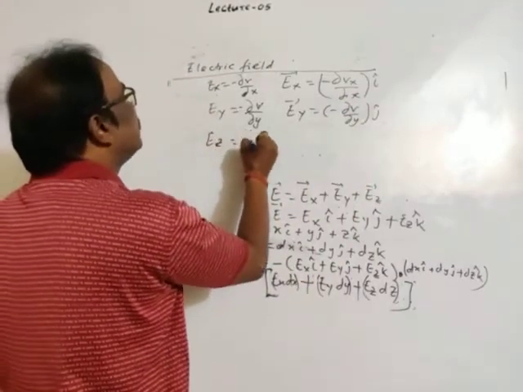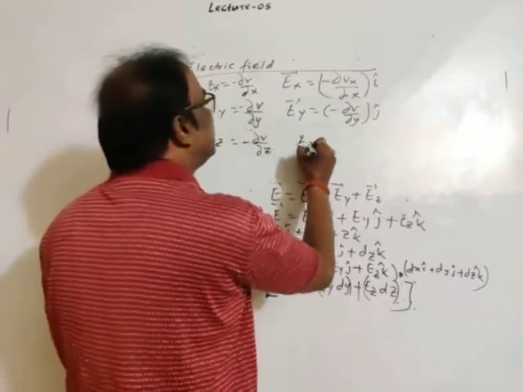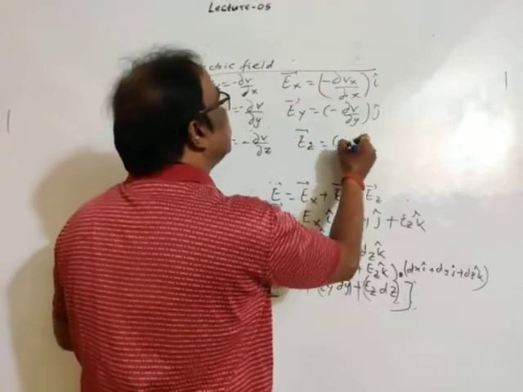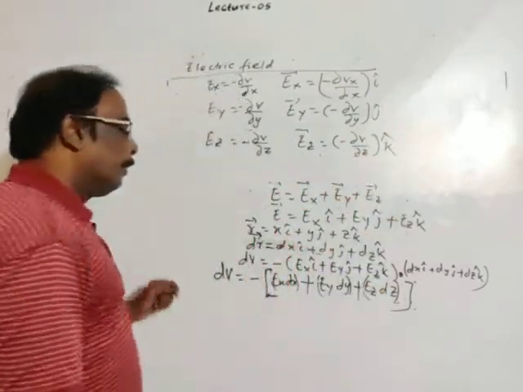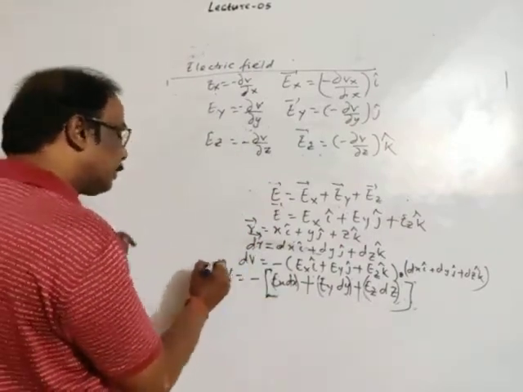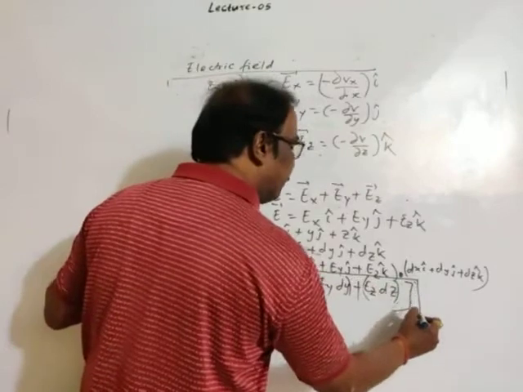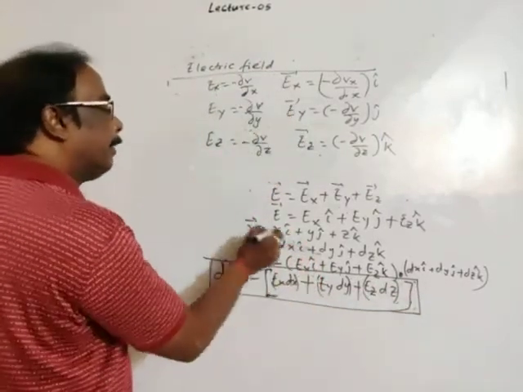Similarly, Ez, partial derivative, and Ez in vector form into k cap. And now, this is a formula for electric potential difference using the Cartesian coordinate system and electric field.